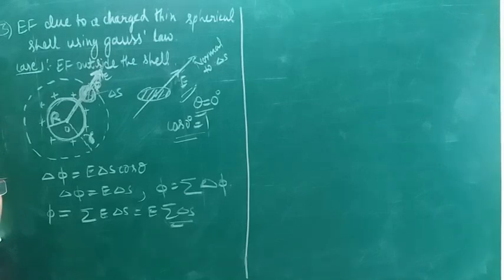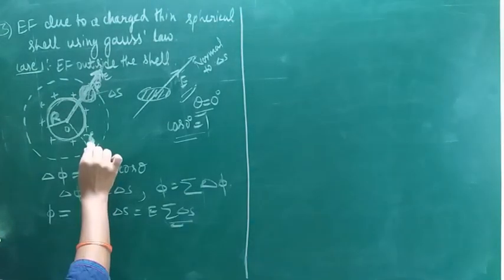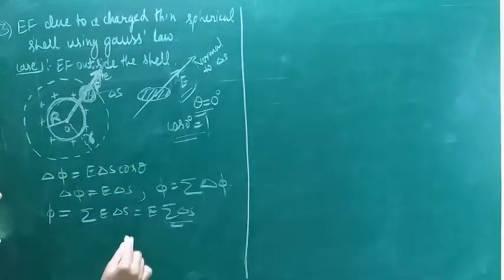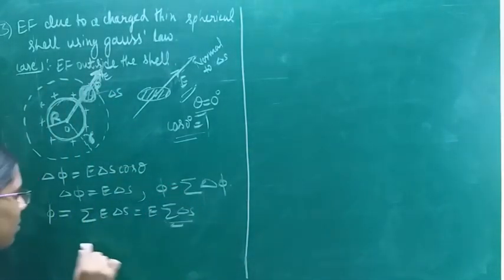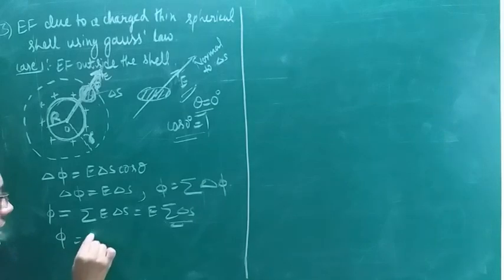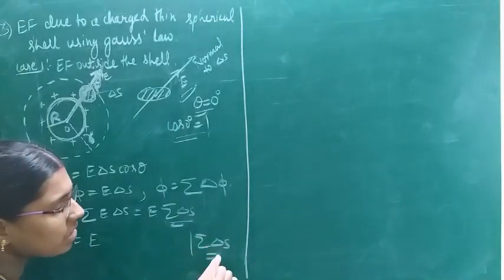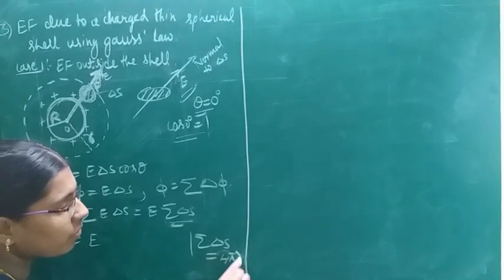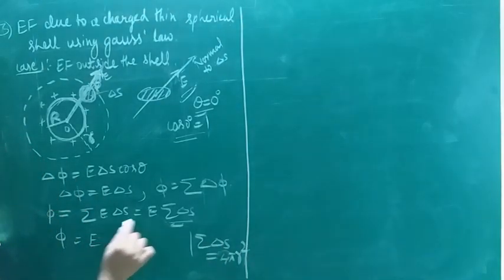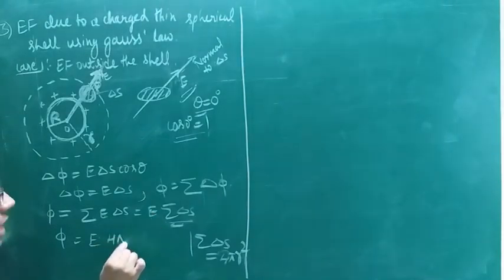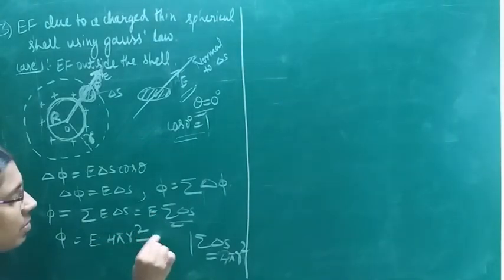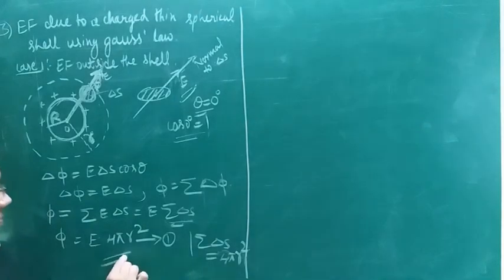The area of a sphere is known to us, that is 4 pi r square, right? So we write E into 4 pi r square. Let it be equation 1.